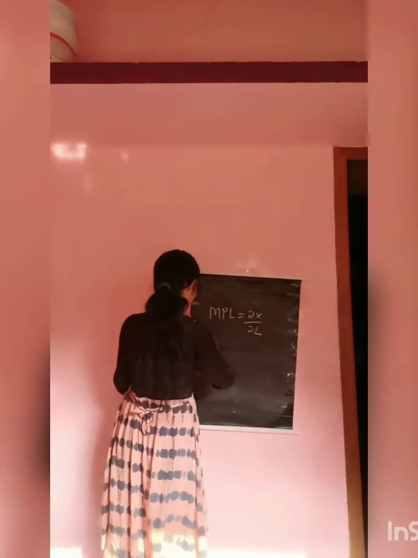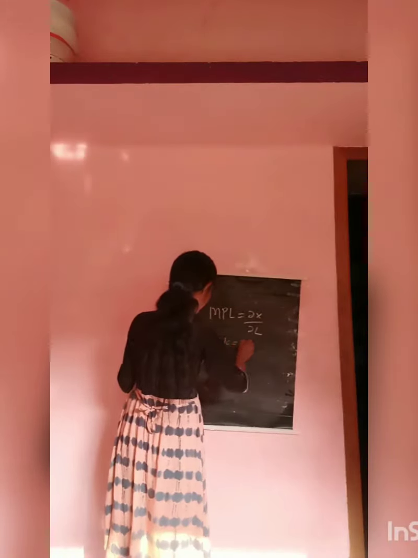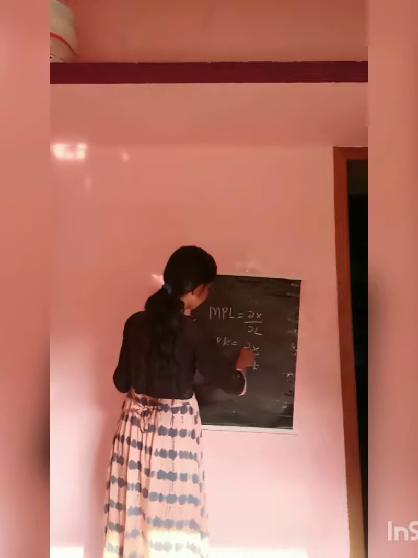Partial derivative with respect to capital: MPK is equal to dou X by dou K. Marginal product of capital is equal to dou output by dou capital.